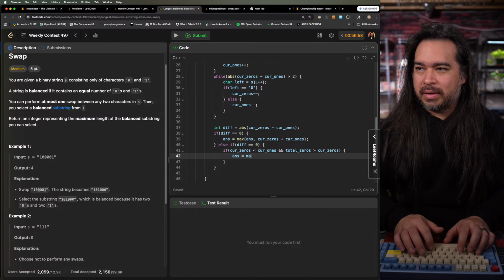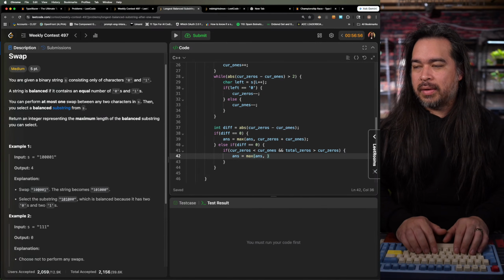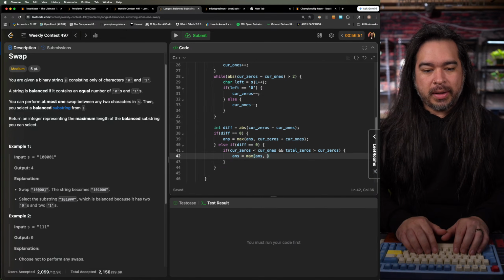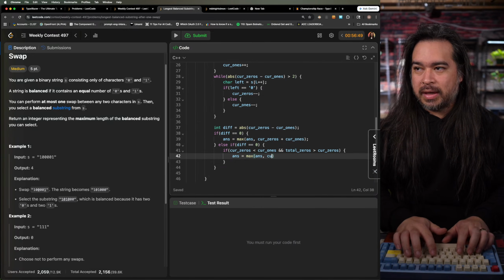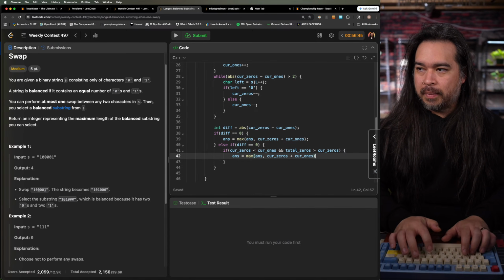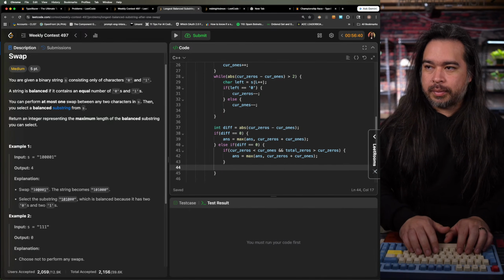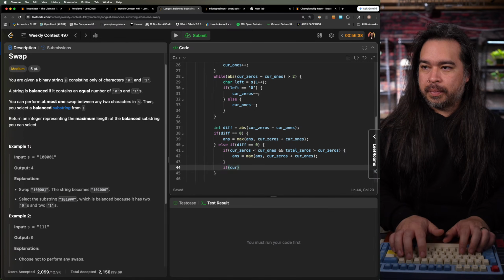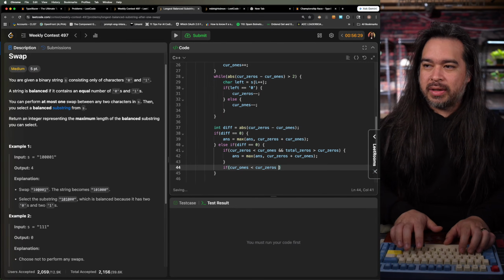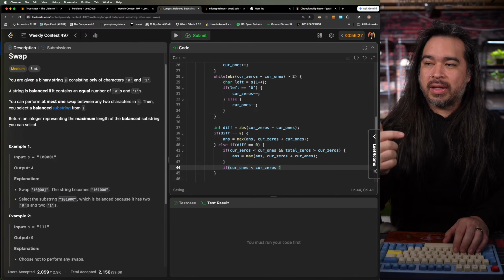So ones, what would this be? The same thing. Cur 0s, the length is the same. But if the 1s are less than the 0s, then we could potentially swap in a 1 that's not within this window.